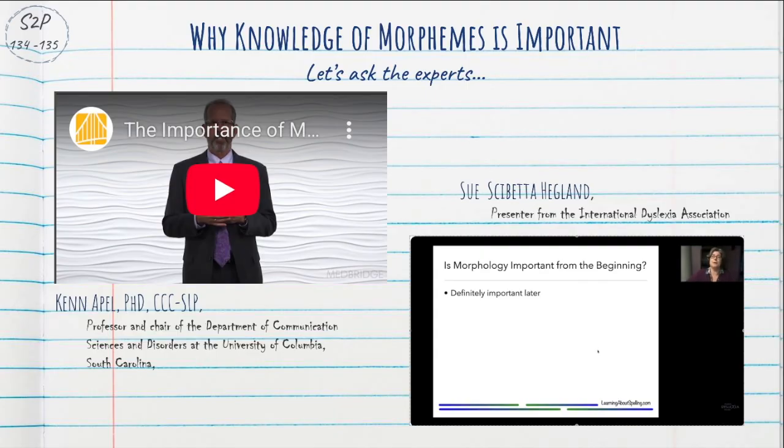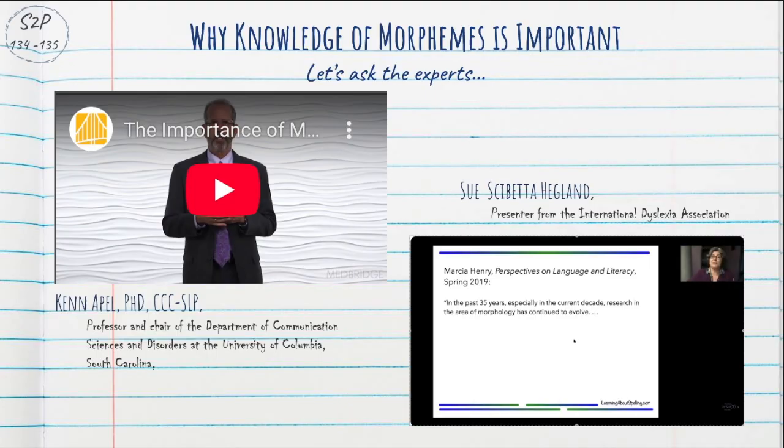But what's happening now is we're realizing that morphology is actually much more integral to the whole reading and writing process and needs to be integrated into everything we do from the very beginning. I'm going to give you a couple of quotes. This is from Marcia Henry, who wrote in IDA's Perspectives on Language and Literacy back in the spring of 2019.